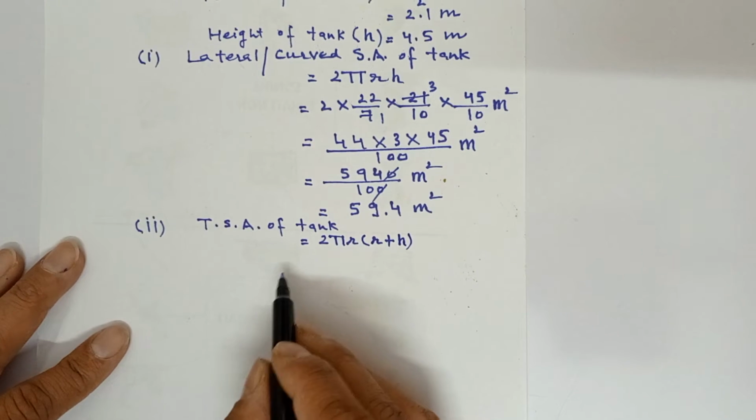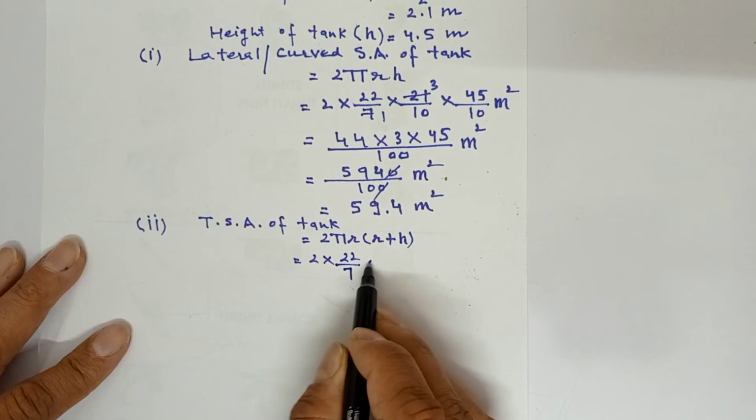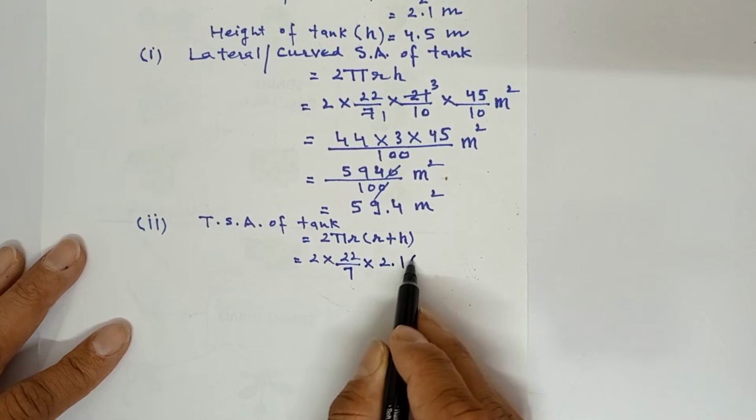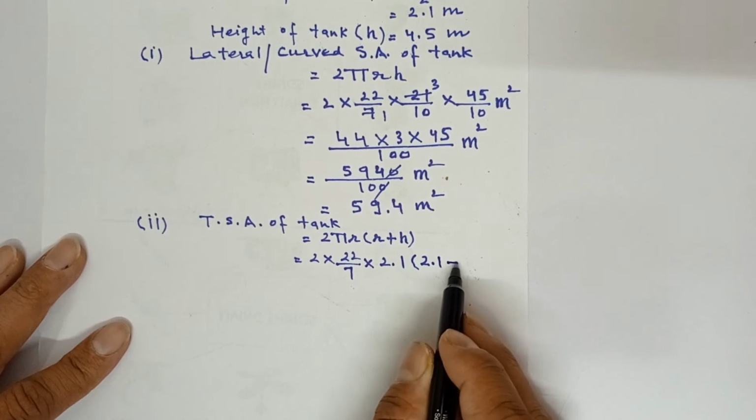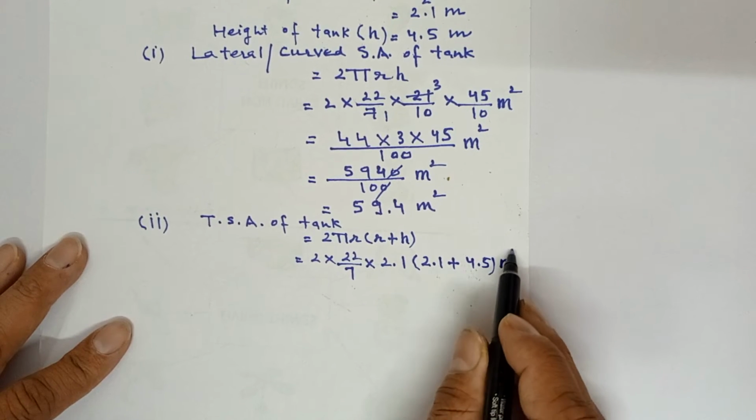Now you need to substitute values. 2 into 22 by 7, r is 2.1, 2.1 plus 4.5 meter square.